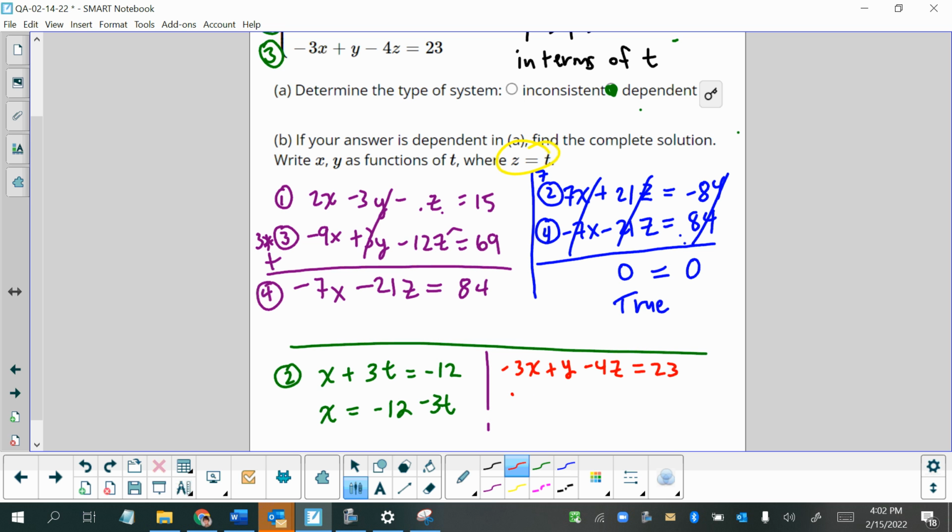So ultimately I get that y is equal to 23 minus x, no, I'm sorry, that is wrong. I'm adding 3x to both sides. So that's 23 plus 3x, and then plus 4z because I'm adding 4z to both sides. There we go.